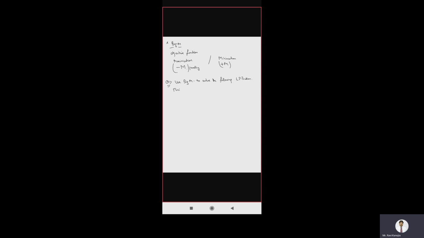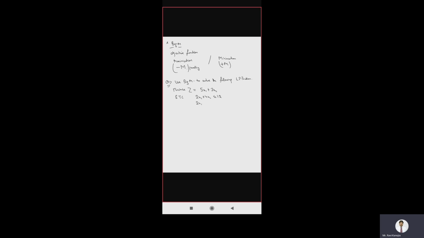Let's say we have minimize z is equal to 5x1 plus 3x2, right? And these are subject to the constraints 2x1 plus 4x2 less than or equal to 12.